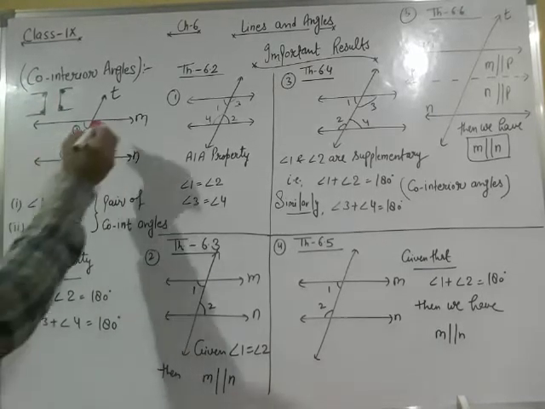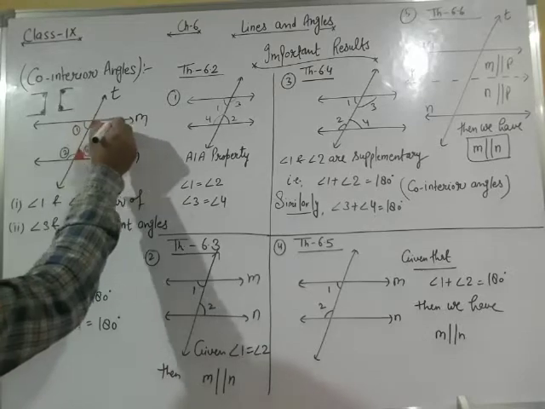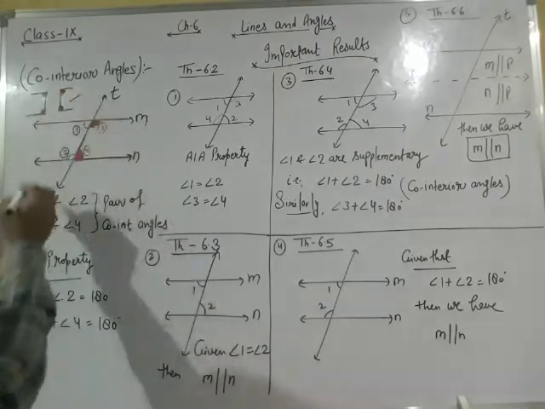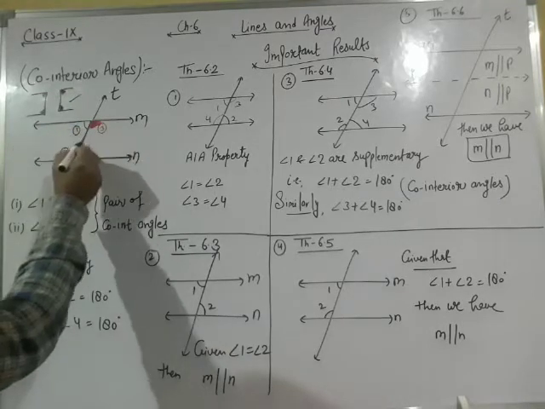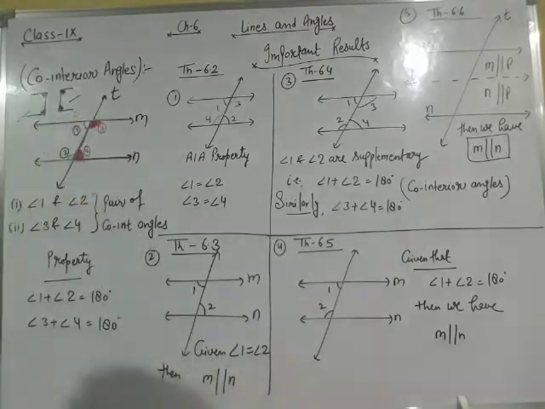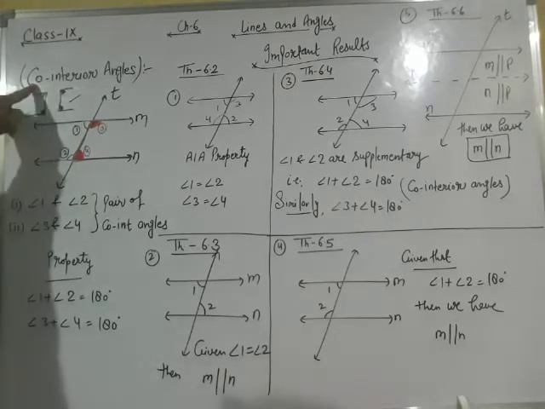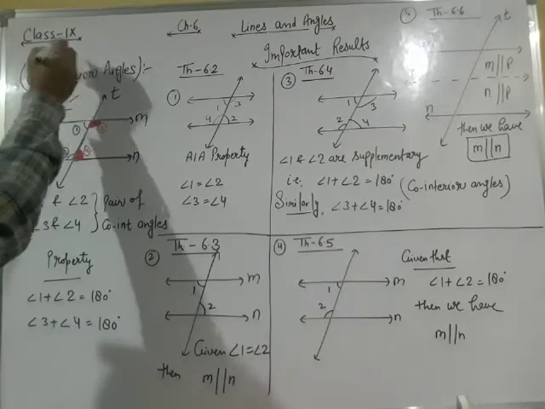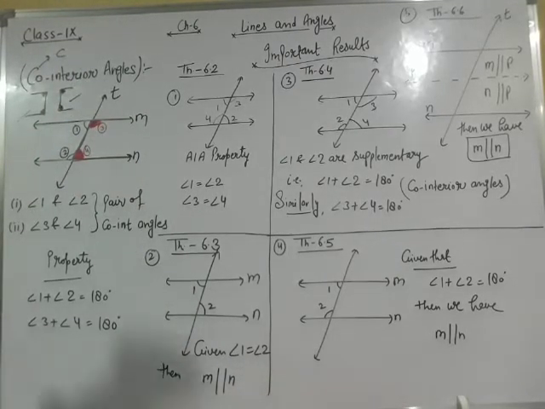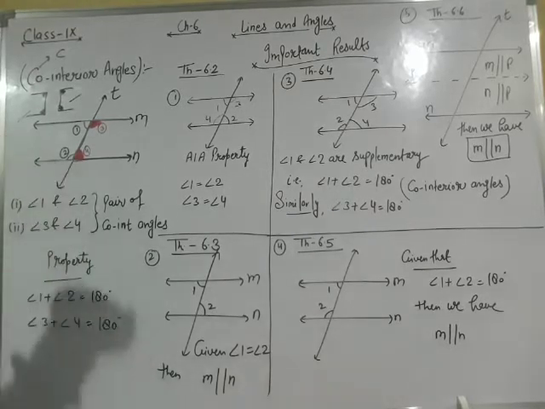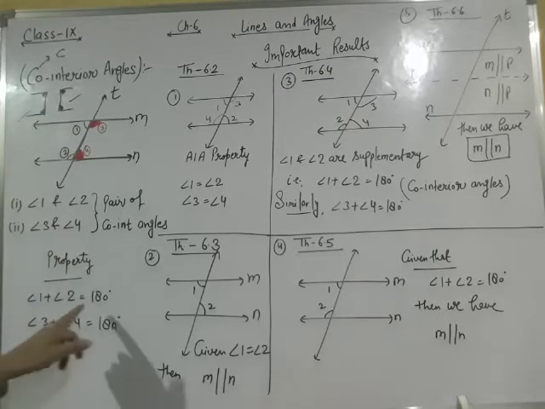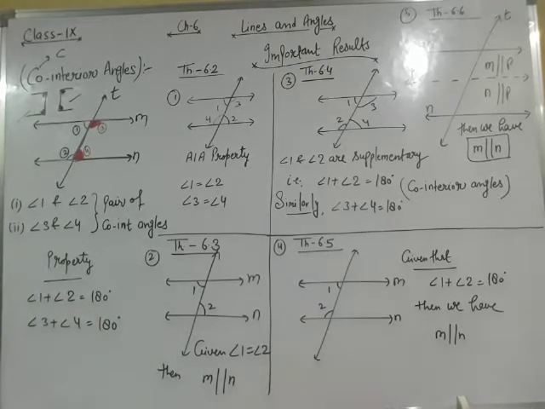Like this, there is a C, it forms a figure like C, and this is the mirror image of C, like this. So C you will find in the spelling of co-interior, the first letter is C. So a C kind of figure is formed in co-interior angles, and if lines are parallel, the sum of the two co-interior angles will be equal to 180 degrees.